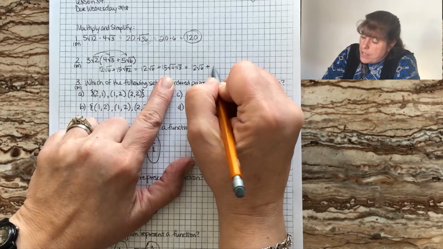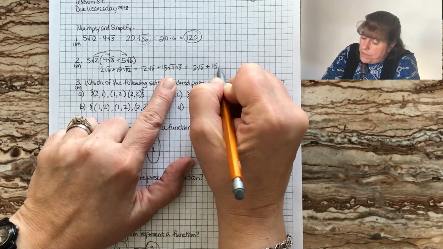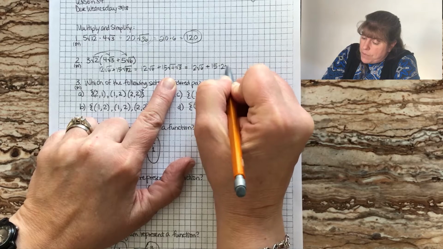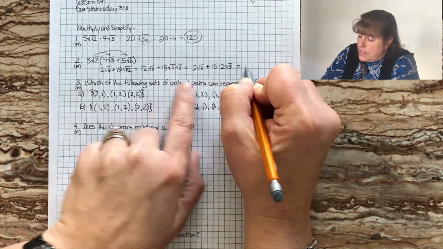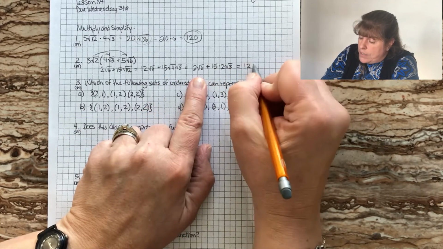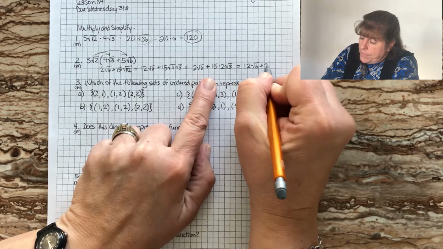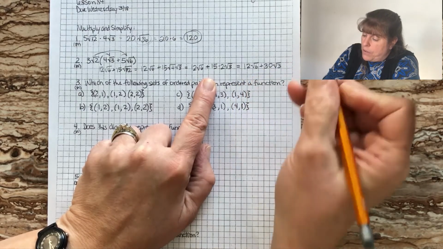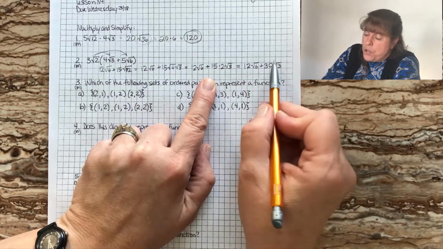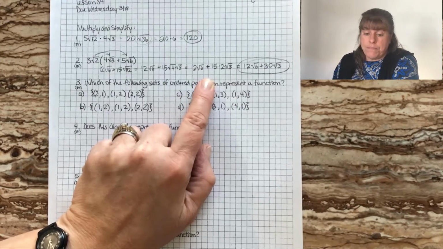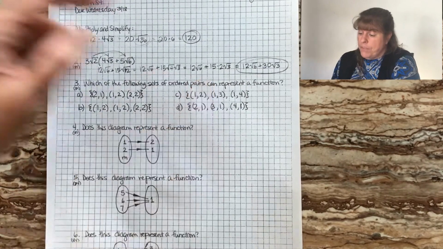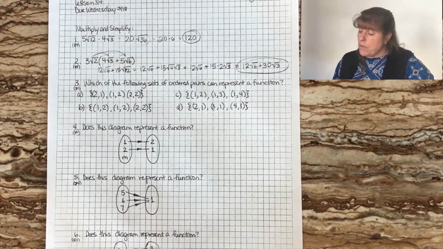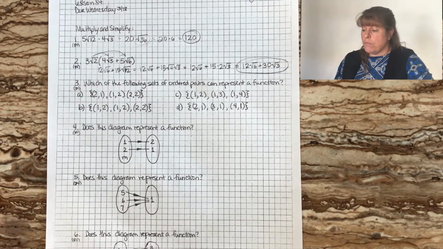Oh boy. 15 times 2 times square root of 3. And some of you don't have to write all of these steps out, and that's okay. Now the question is, can I add those? Are they like terms? Nope. That's my answer.